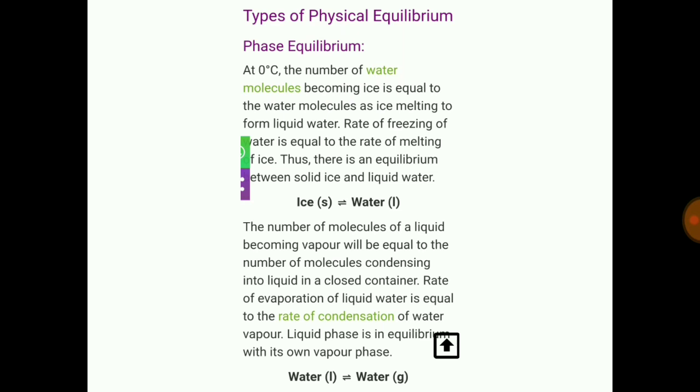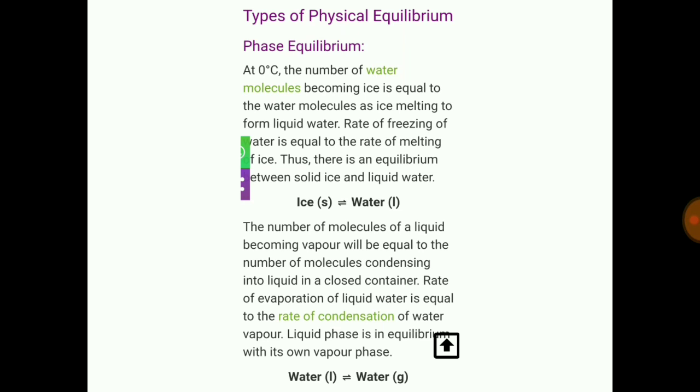The rate of freezing of water is equal to the rate of melting of ice. Thus, there is an equilibrium between solid ice and liquid water.